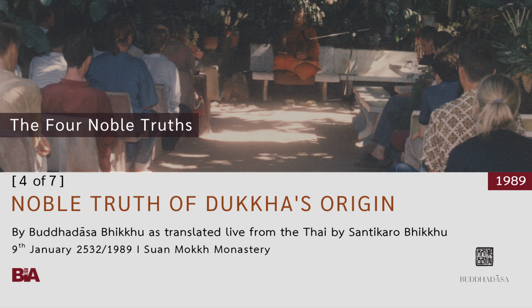It's completely neutral. So we have to find one word for tanha which clearly implies stupidity and incorrectness. And for sankappa we must find another word that has no connotation of this being incorrect or foolish. And so sometimes for sankappa the word used is aim.